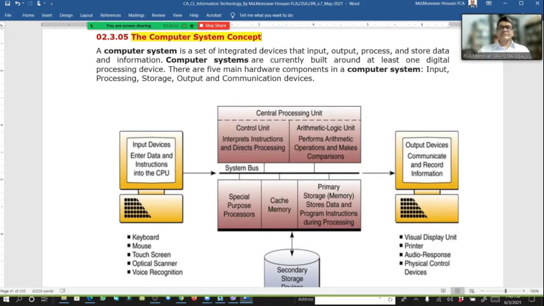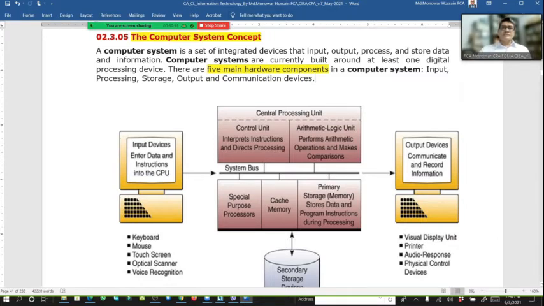Computer systems are currently built around at least one digital processing device. There are 5 main hardware components in a computer system. So it's your objective question. You would be the first batch who have to sit for the exam in an online exam.